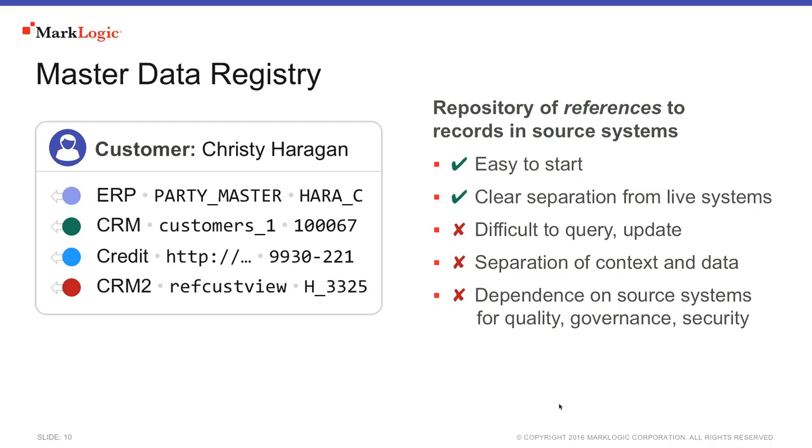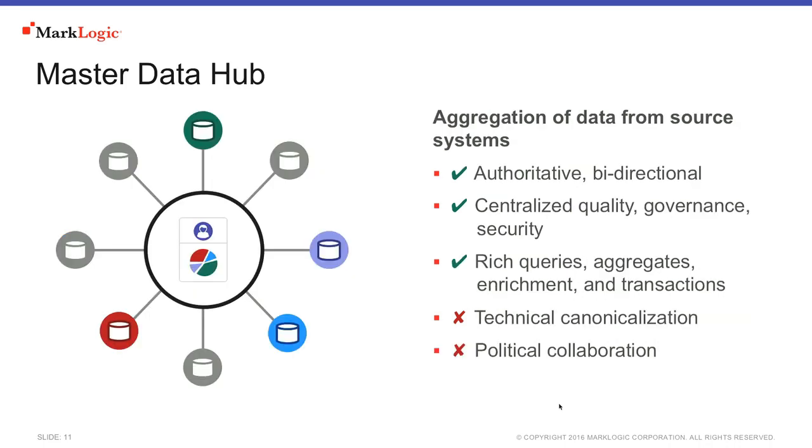Like I said, I might update an address over here, but how do I know that that update can be applied over here? I might have security rules that are very stringent over here that aren't so stringent over there. Perhaps that system sits in a different country and that's now breaking EU regulation laws. Things can start to get quite tricky when we actually start to manage the data.